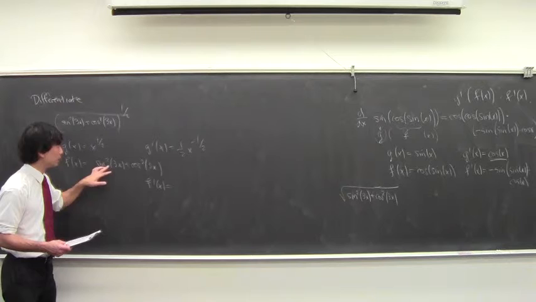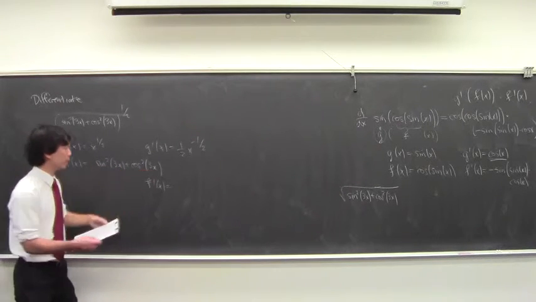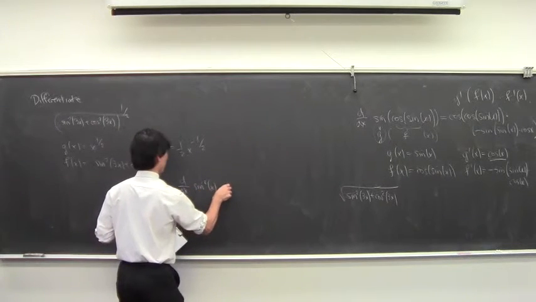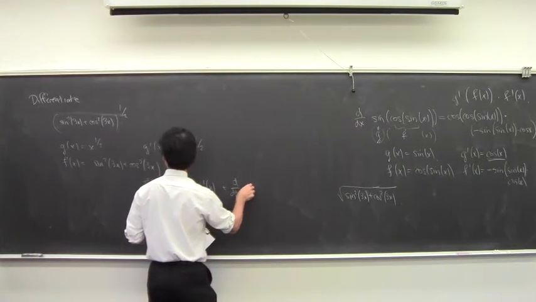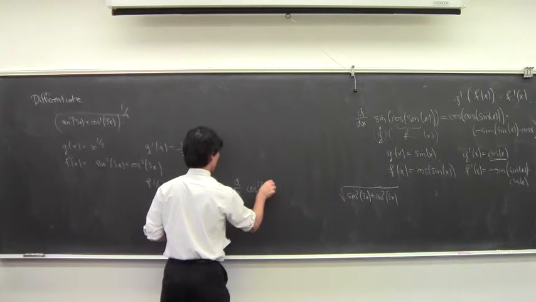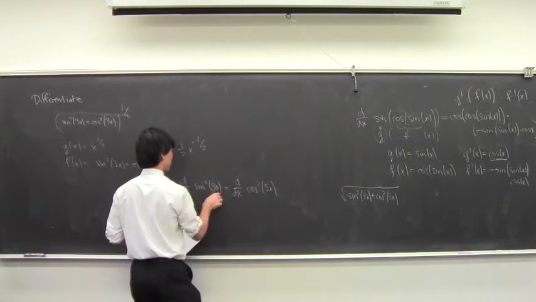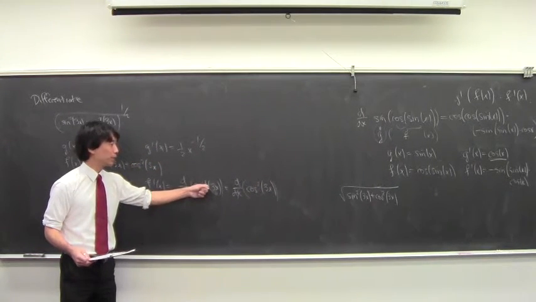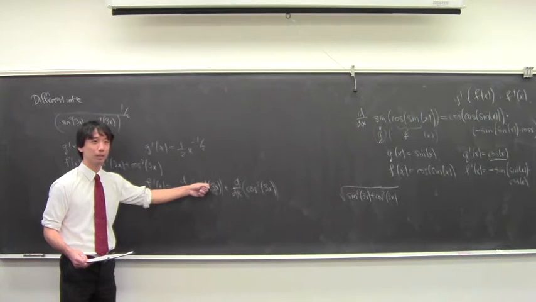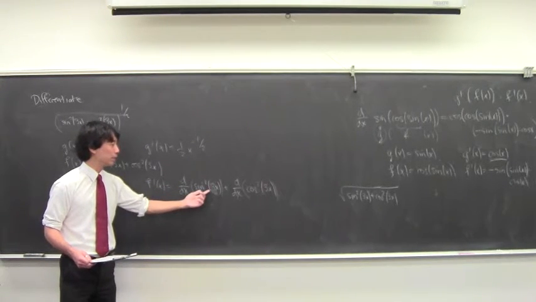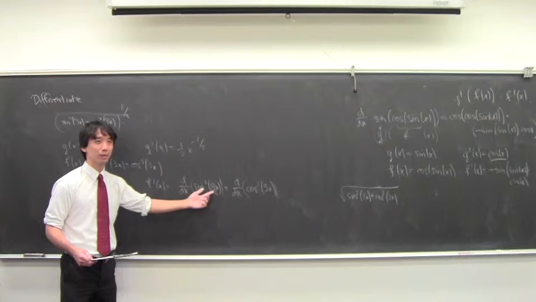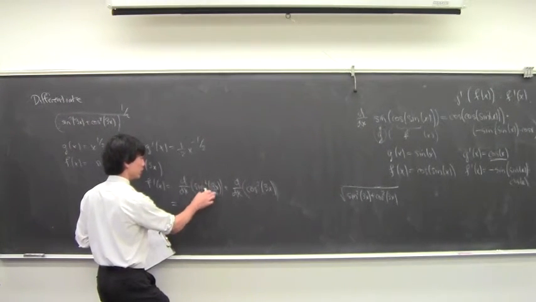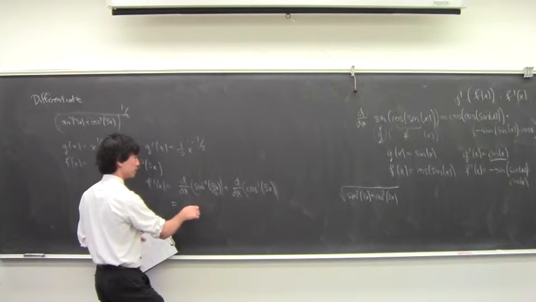You could say I'm going to differentiate this guy, the derivative of this guy plus the derivative of this guy. You'd say, okay, my outside function is the squaring function, and my inside function is sine 3x. So it's going to be the derivative of the outside guy. That's going to be 2.